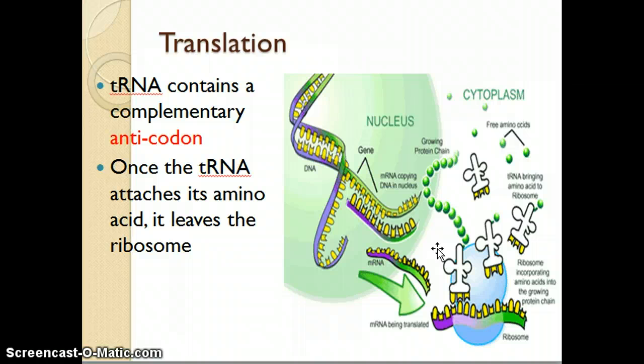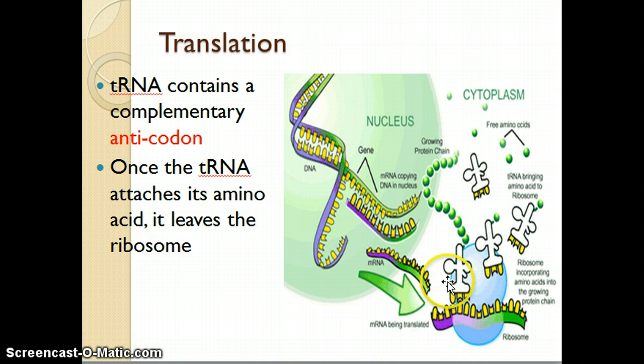This picture shows a good summary of the entire process of protein synthesis. A small strand of DNA unwinds in the nucleus, and RNA polymerase adds RNA bases to make mRNA. The mRNA then leaves the nucleus and attaches to a ribosome.